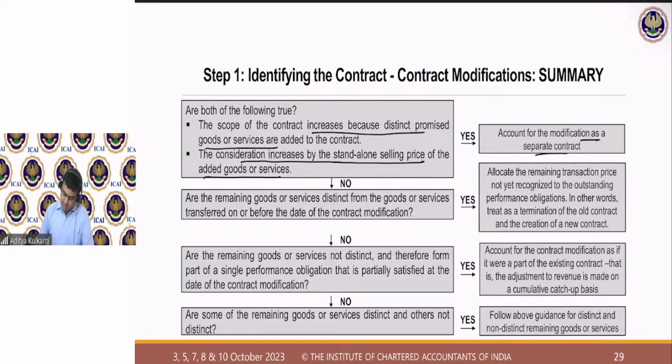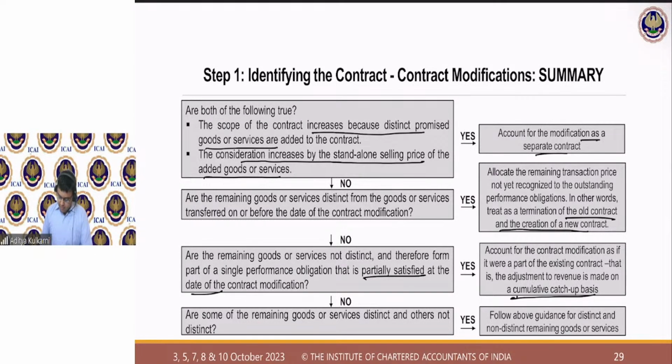If yes, you treat it as a termination of the old contract and creation of a new contract. If that is also no, then are the remaining goods or services not distinct and therefore form part of a single performance obligation that is partially satisfied? If yes, account for the contract modification on a cumulative catch-up adjustment basis.